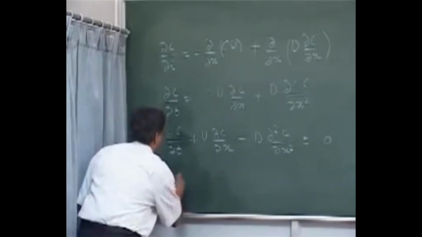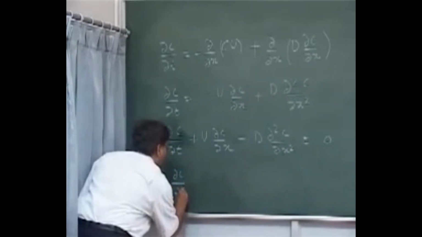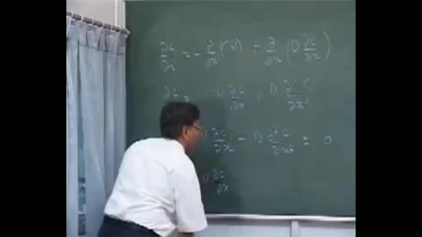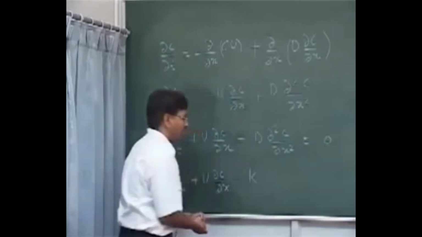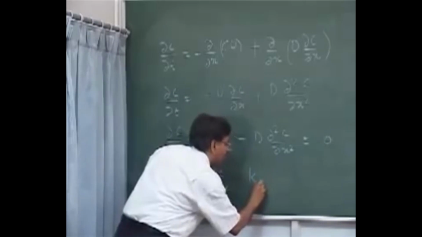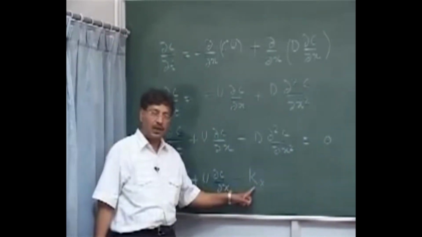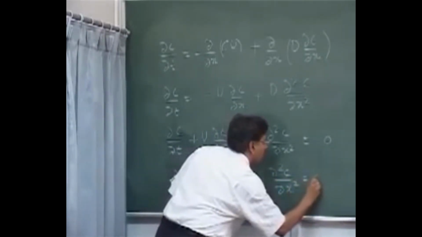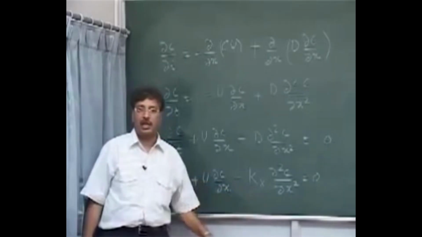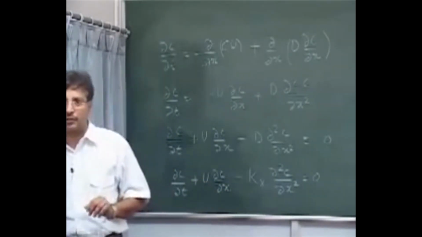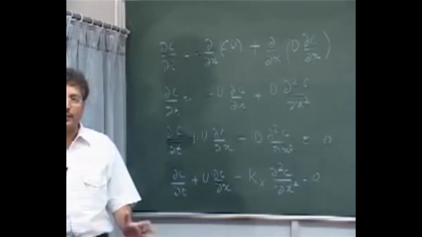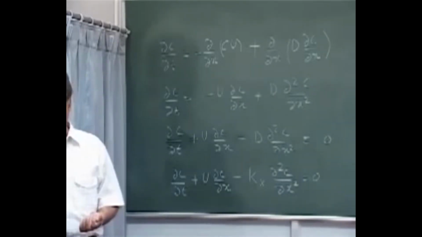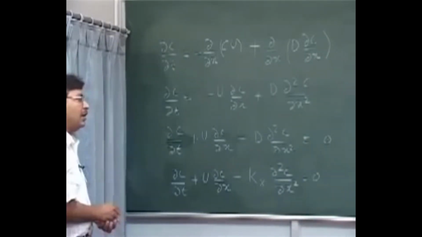So I can write this plus U del C by del X minus, normally the turbulent diffusion we are talking about in the X direction only, so I can write the turbulent diffusion coefficient Kx. Note that Kx is the diffusion term in the atmosphere, and the units of Kx will be the same as that of D, because we are simply replacing D by Kx.